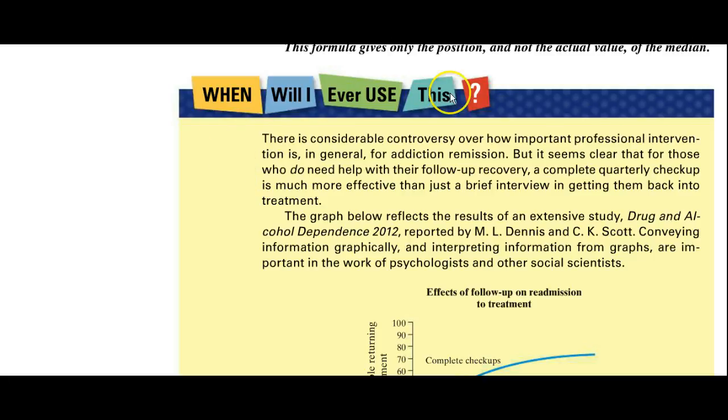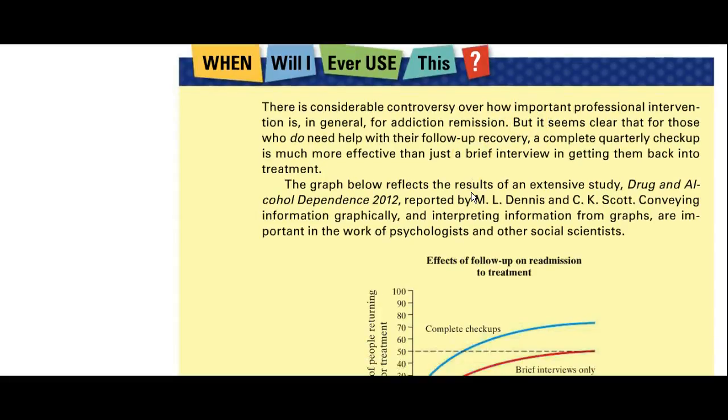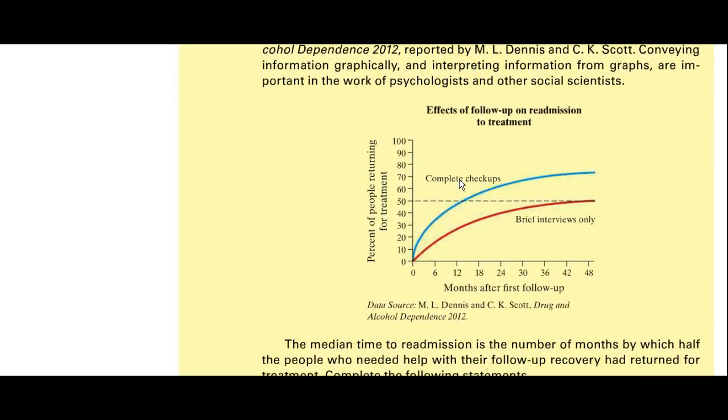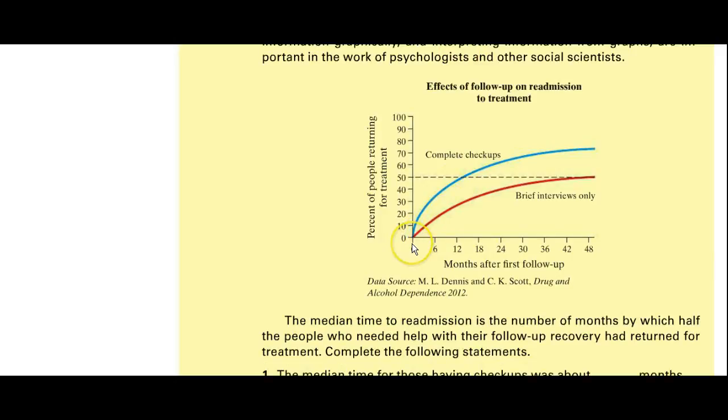And we might take a look at this. When will I ever use this type of information if you're not a school teacher? Because we use it all the time. Here they're talking about drug and alcohol dependencies, an actual report in which we see the data put into a graph form.